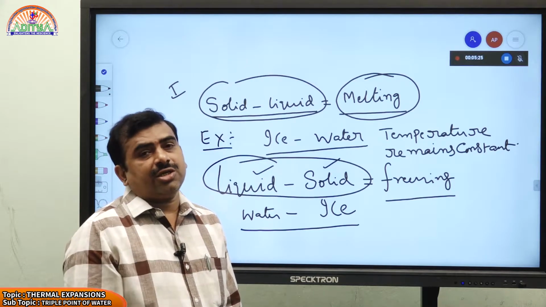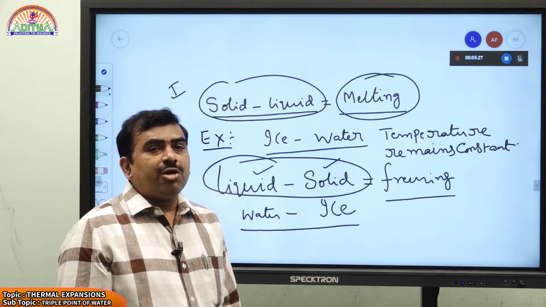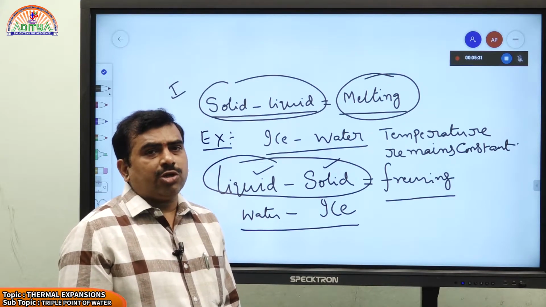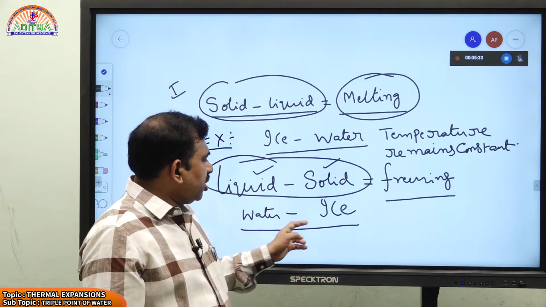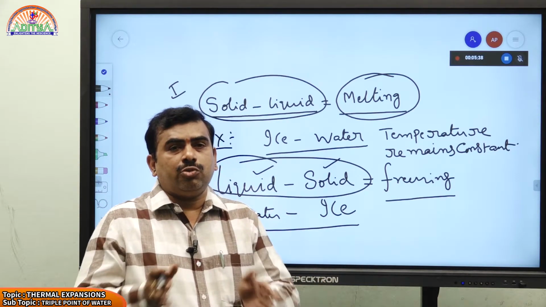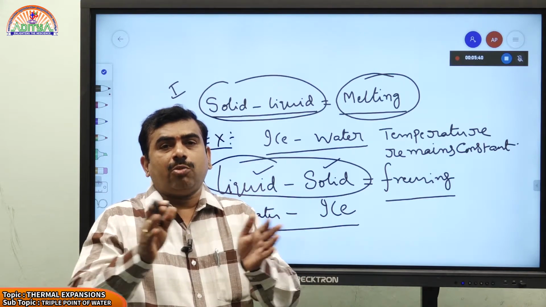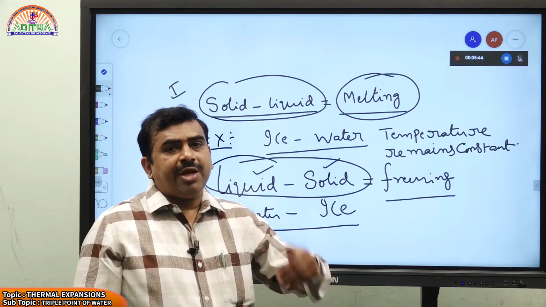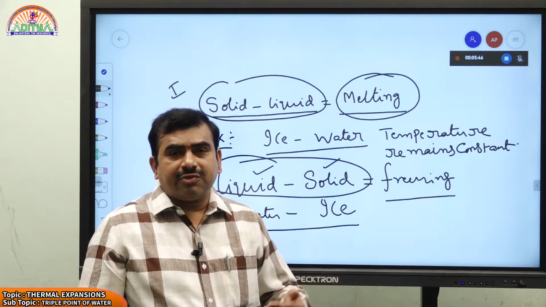That is the reason water cannot be kept in glass bottles. If it is a glass bottle, what will happen? This water will be converted into ice. That ice will occupy more volume. So it breaks the bottle. That is the reason we are using plastic bottles and those made with other material than glass.